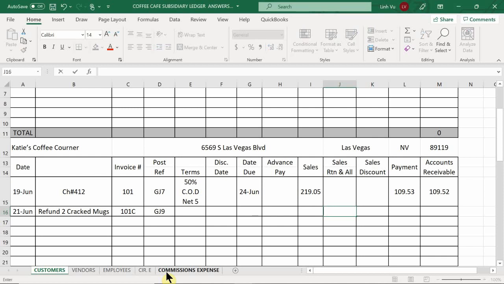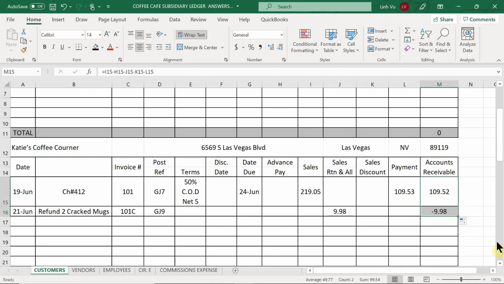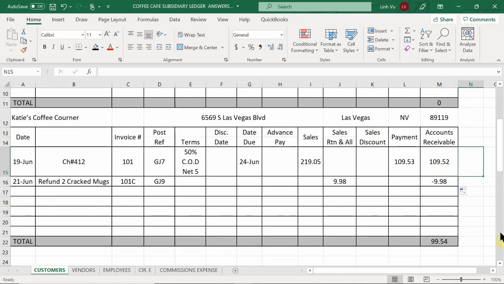We have a 990. Okay. So again, we're going to have an adjusted amount for her invoice number 101. It's going to now be $99.54.